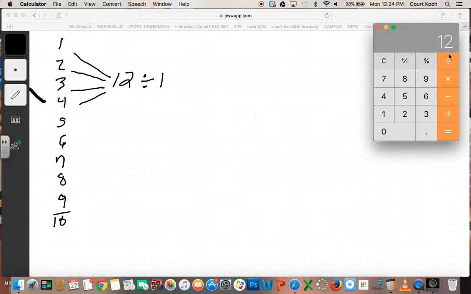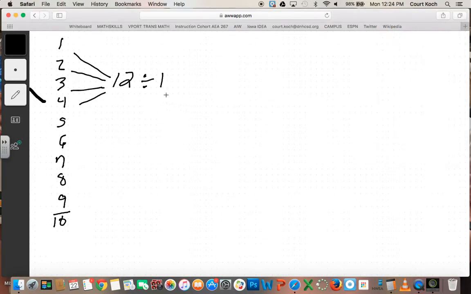Now, there is no decimal. Numbers after the decimal are bad. As long as it's a whole number, then it's a factor. So one of the factors of 12 is 1.